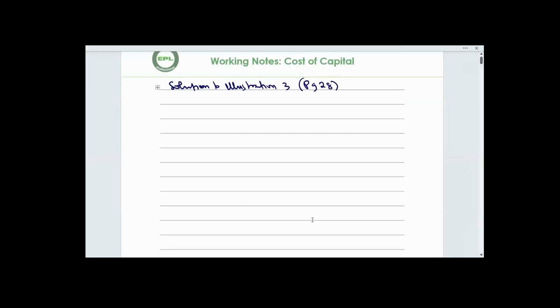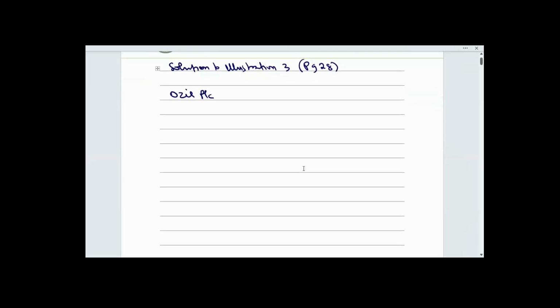Ozi PLC. The examiner is asking us to calculate cost of equity capital. So I would say determining cost of equity capital. Cost of equity, denoted as KE.